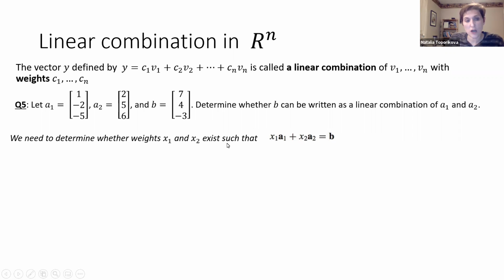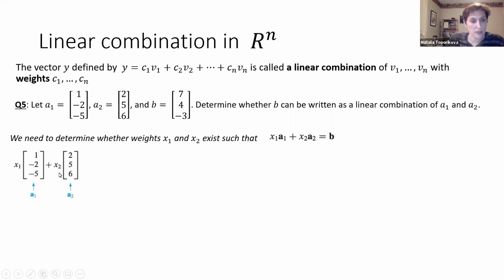Let's just start by putting the numbers for our vectors and maybe we'll get somewhere. Okay. So let's take our weight x1 and multiply it by our vector a1. And then we continue with our linear combination.